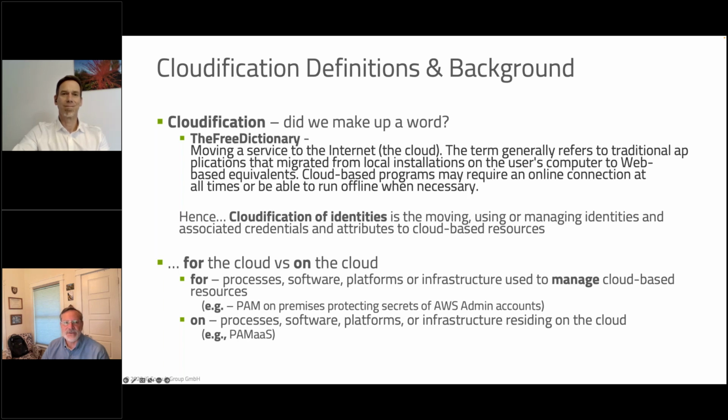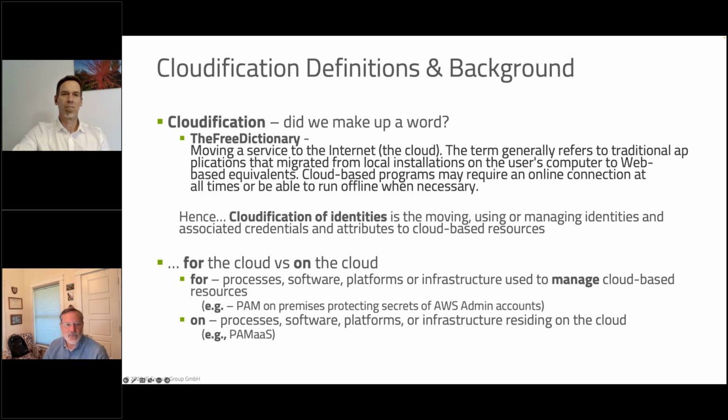The Free Dictionary actually has a definition for it out on the internet. And so for our topic today, the cloudification of identities is the moving, using, or managing identities and associated credentials and attributes to cloud-based resources. So that's the definition that we've come up with for what cloudification of identities is.